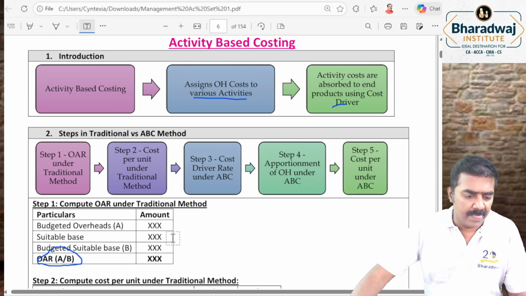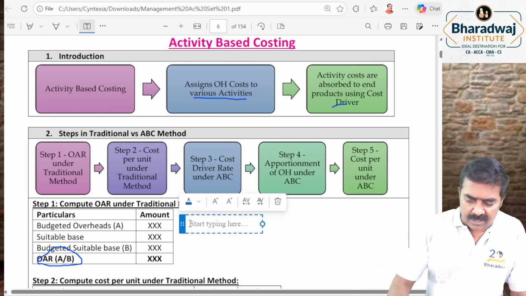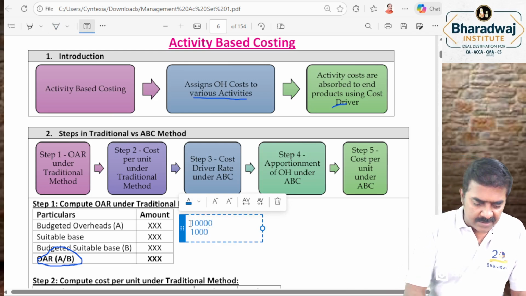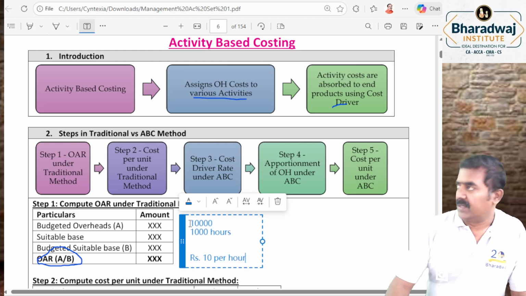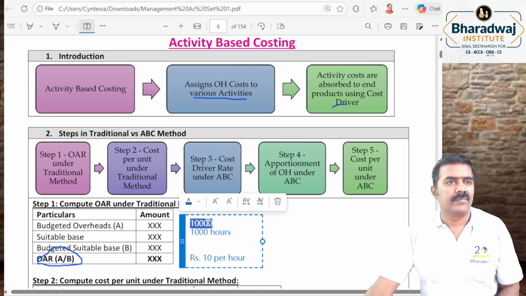For example, budgeted overheads are 10,000. Suitable base, let us assume 1,000 hours. Then you will get an overhead absorption rate of rupees 10 per hour.